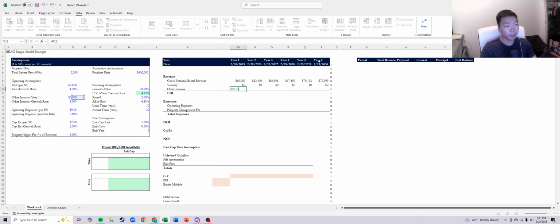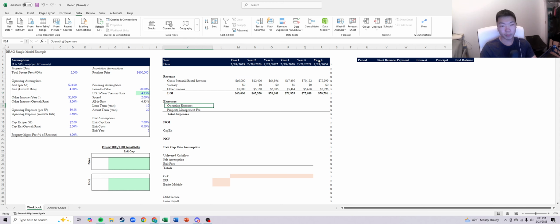Other income could be stuff like, if you charge parking or pet fees, or a laundromat, stuff like that. So anything other than rent that is bringing in money. So then our effective gross income is our GPR minus our vacancy plus our other income.